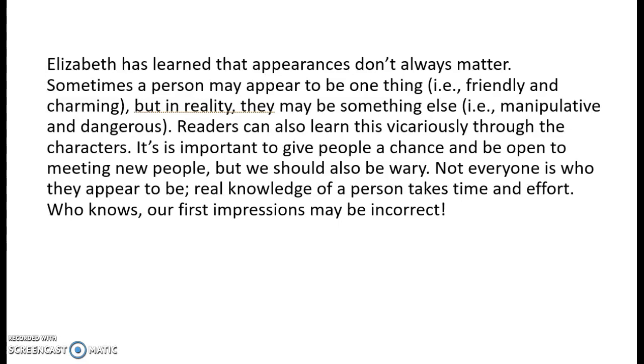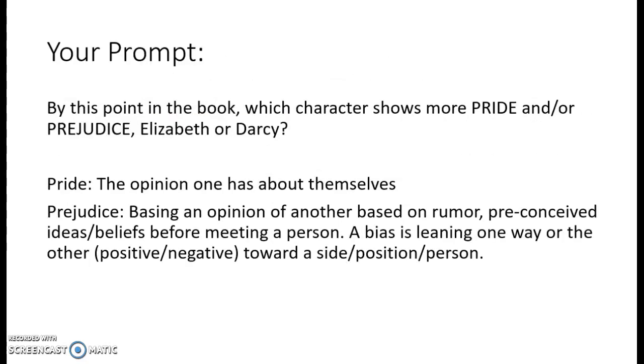So this is what I will ask you to do later in class. Your prompt, again, is going to be different than these examples. Your prompt is this. By this point in the book, by chapter 42, which character shows more pride and or prejudice, Elizabeth or Darcy?